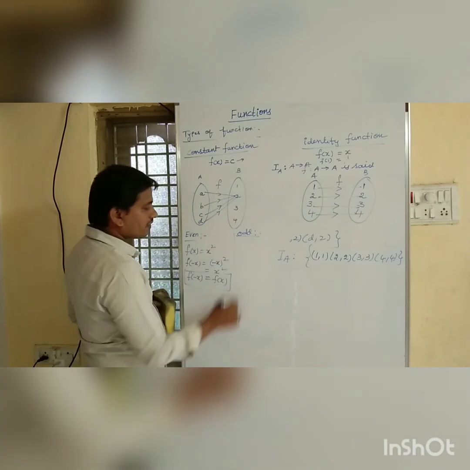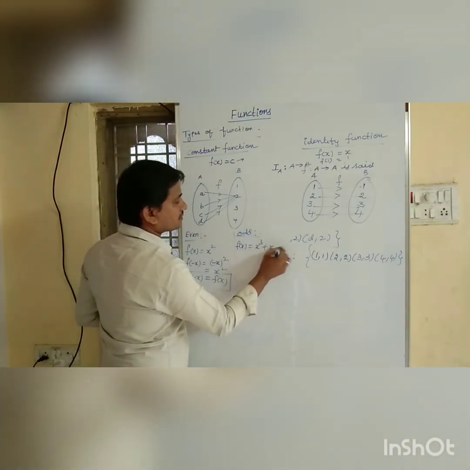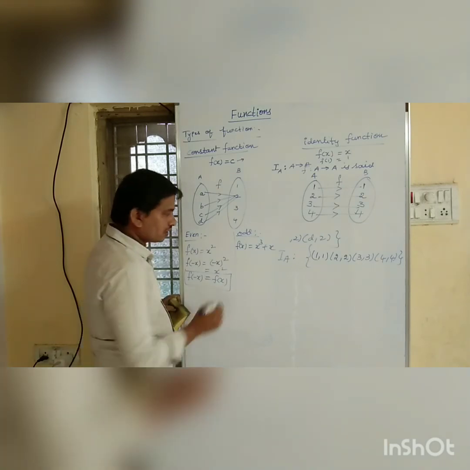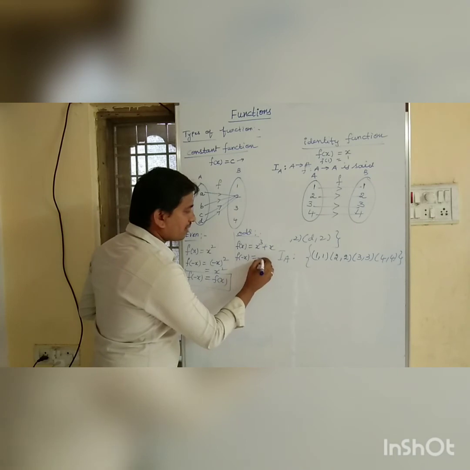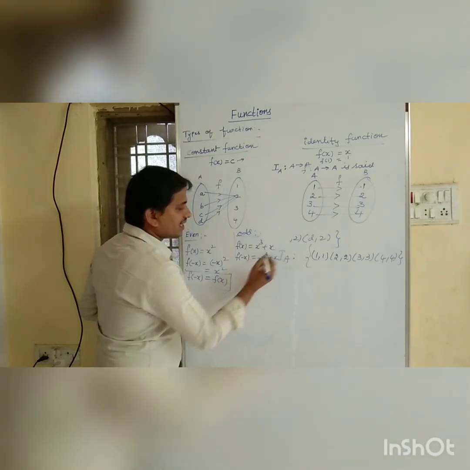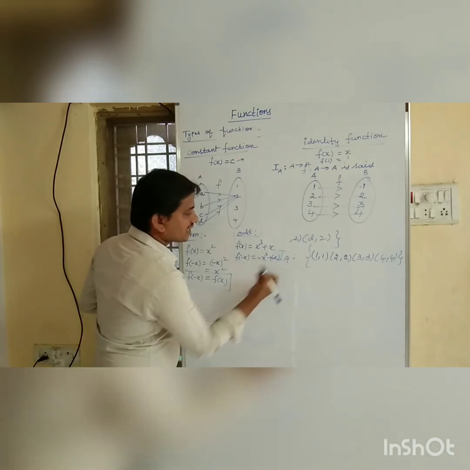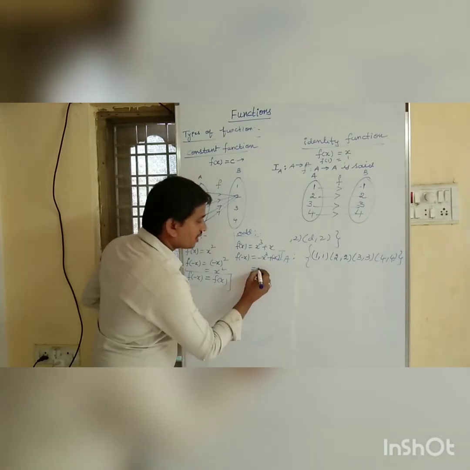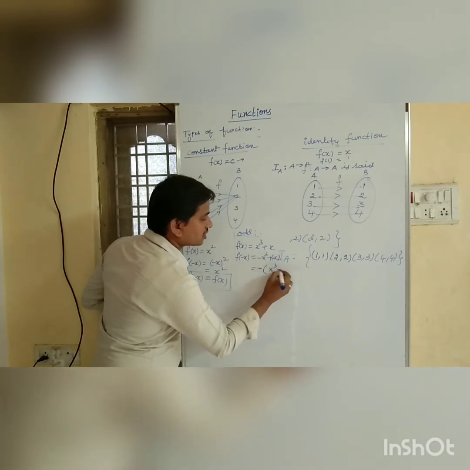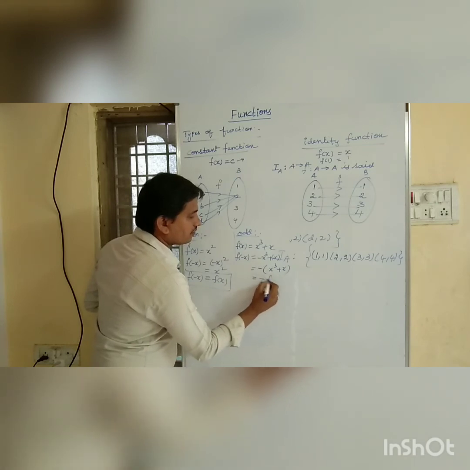And what do you mean by odd function? For example, if you take f of x is equal to x cube plus x. So if I substitute in place of x minus x, I mean (minus x) cube plus (minus x). In place of x we are substituting minus x. If I take minus x cube, in the sense minus x cube only. Once if I take minus common, I will get minus of x cube plus x. Actually x cube plus x in the sense f of x.